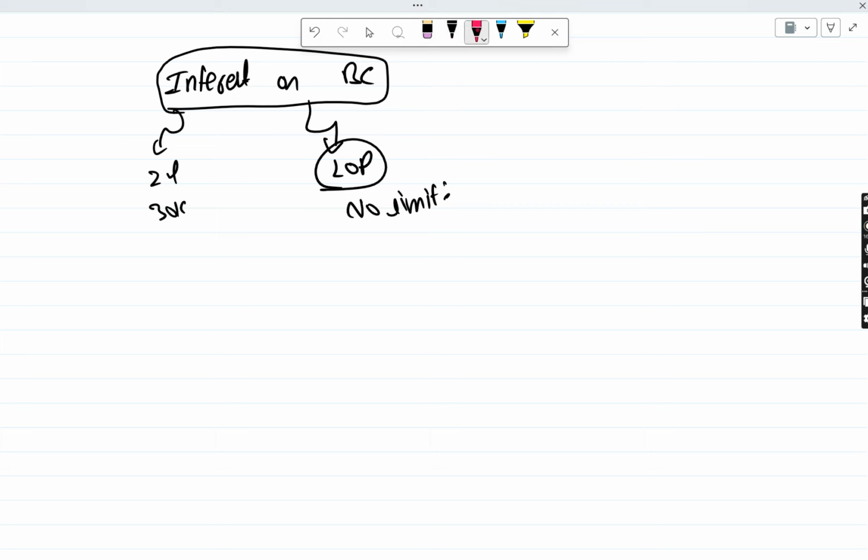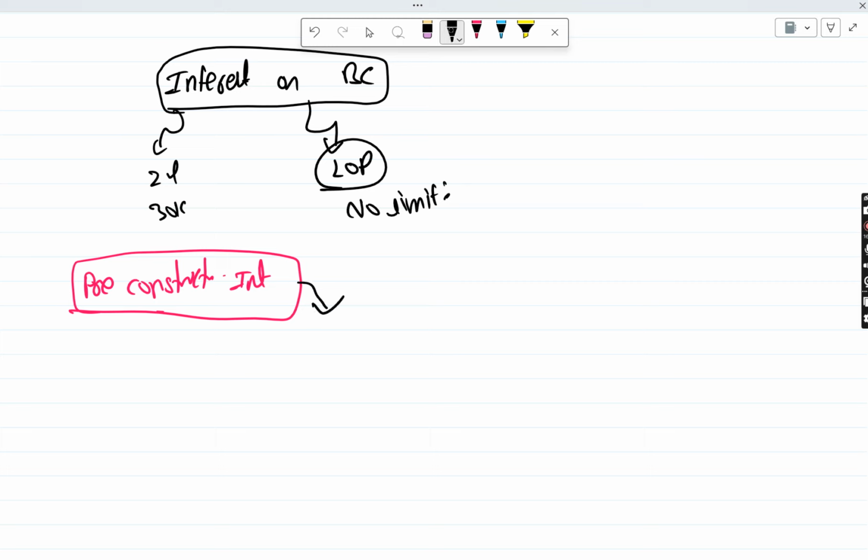We also discussed the pre-construction interest. This is applicable for both let out and self occupied properties. Let's say my pre-construction interest is 1,50,000. Can I claim the entire 1,50,000 in one shot? No, sir. I can claim it in 5 installments.